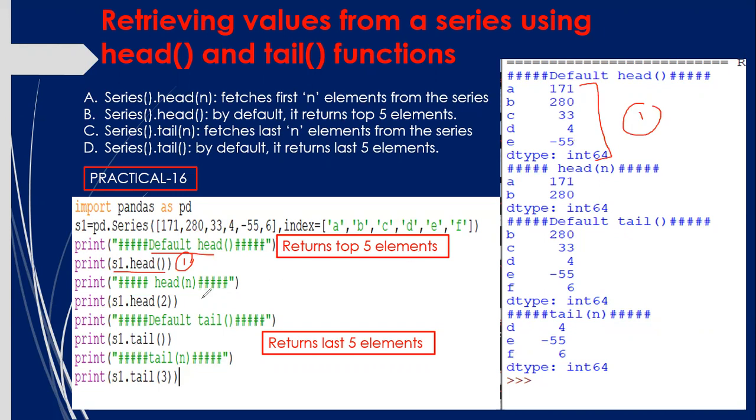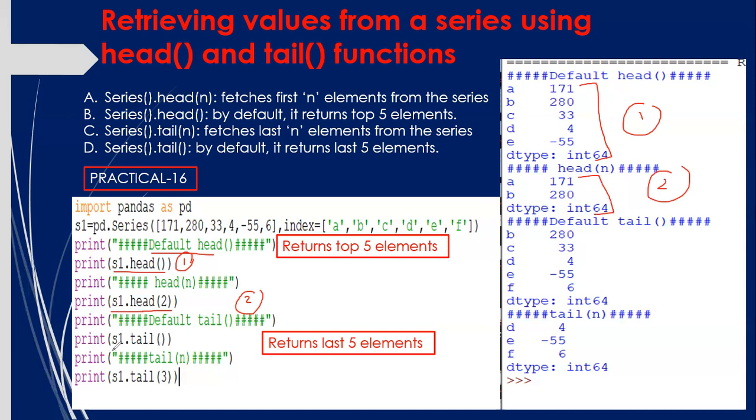Now see second, S1.head(2). Here we have provided an argument 2. So it will return 2 elements from the top. First 2 elements, 171 and 280. See the output. So this is your second one, and this is your second output. 171, 280.